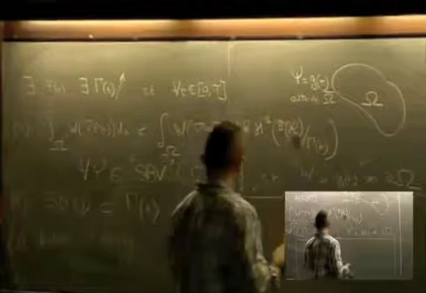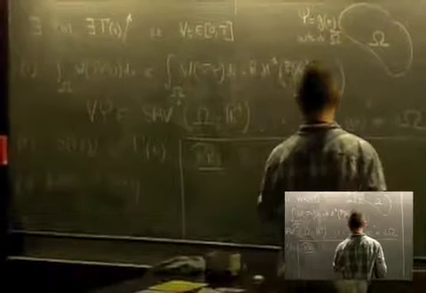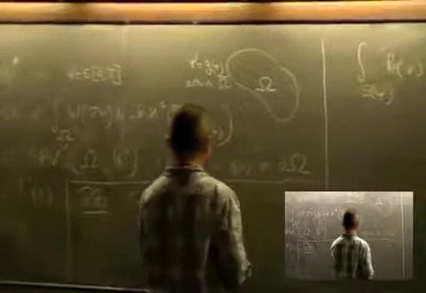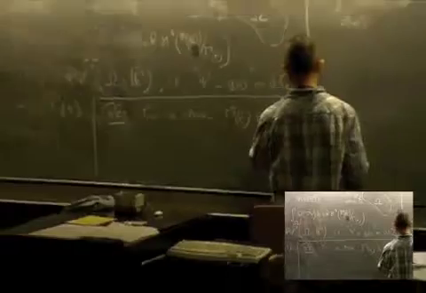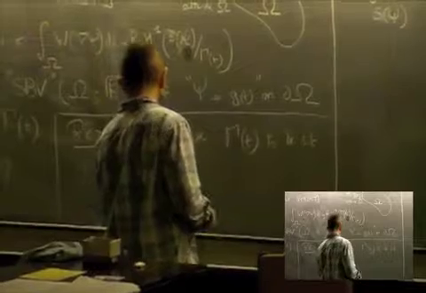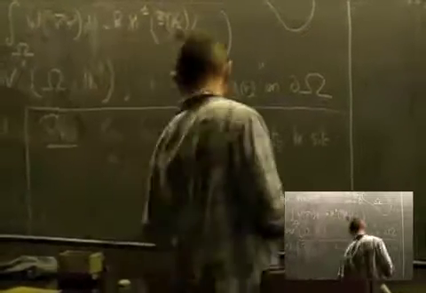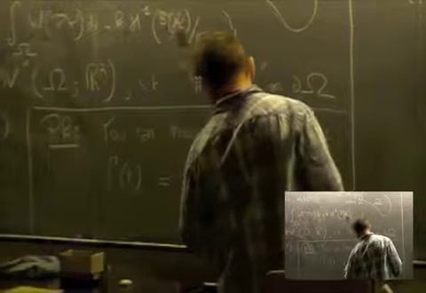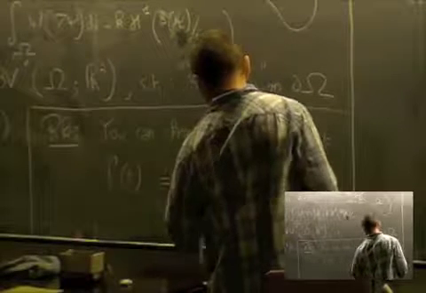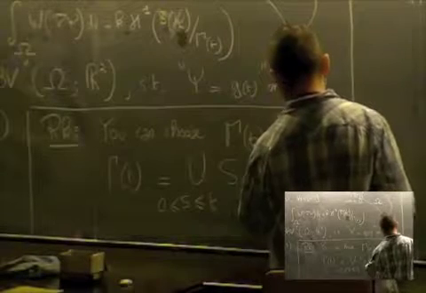You can choose gamma of t to be such that gamma of t is the union over all prior times up to t of the jump of the phi of s.